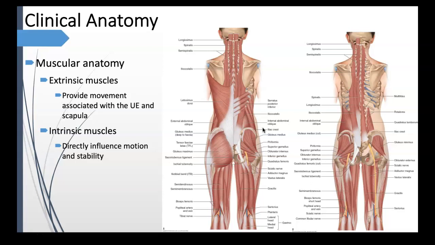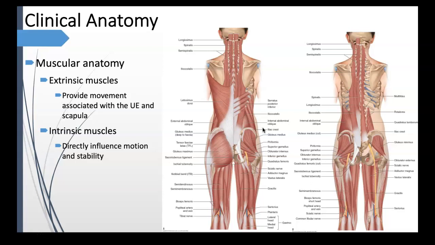There are other major muscles that are not represented on this image, such as the trapezius muscle group, which plays a major role in retraction of the scapula if it's the middle trap, depression of the scapula if it's the lower trap, and maybe even some elevation of the scapula if it's the upper trap.